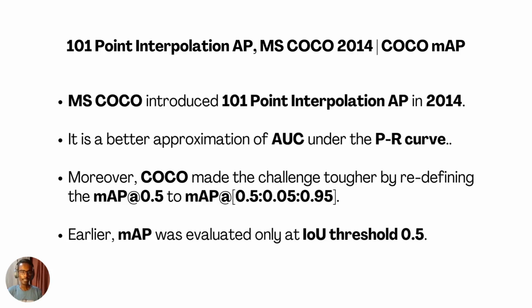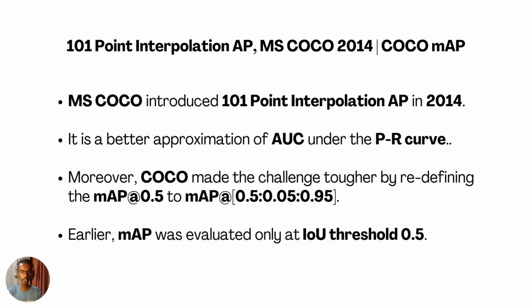So the MS COCO dataset introduced the 101-point interpolation average precision in 2014. The COCO dataset was provided by Microsoft, and the 101-point interpolation average precision is just a better approximation of AUC under the PR curve method that we have seen previously.